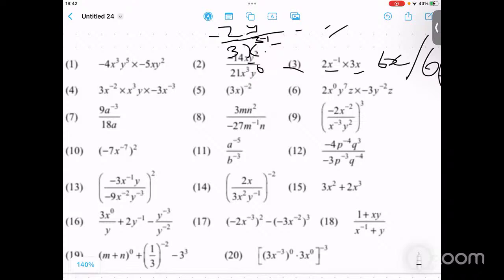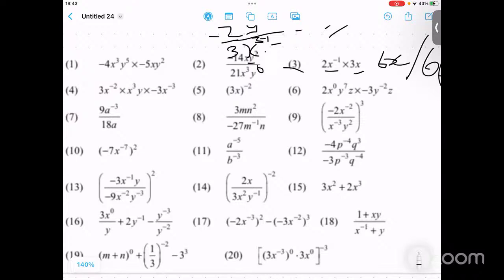So that means we're going to have 6x to the power of 0, which is the same as 6, because anything to the power of 0 is equal to 1. So 6 multiplied by 1 is going to be 6. Are we all good? Yes, ma'am. Perfect.